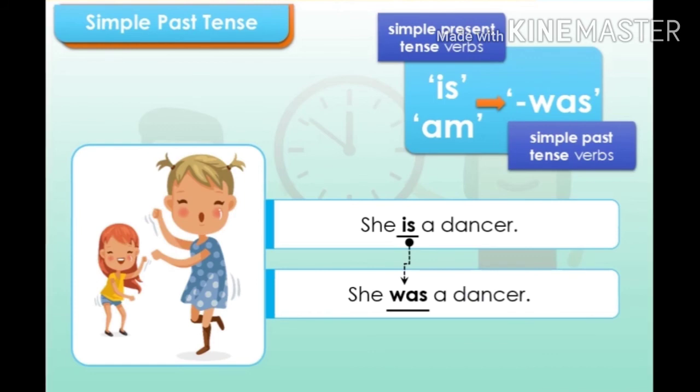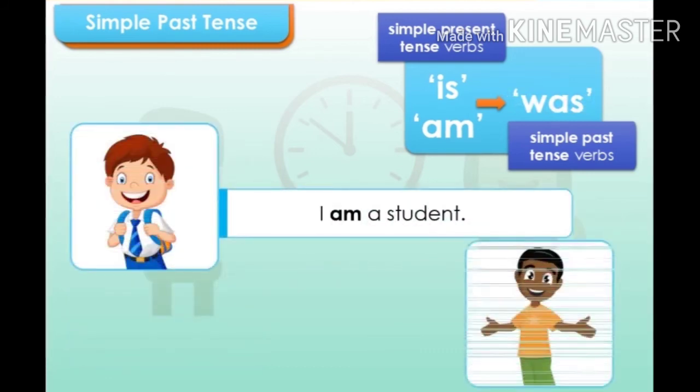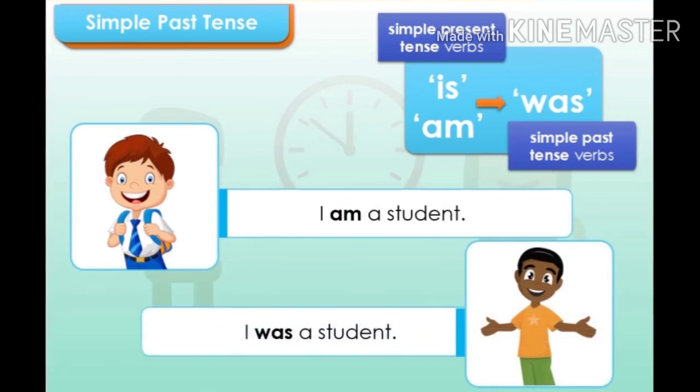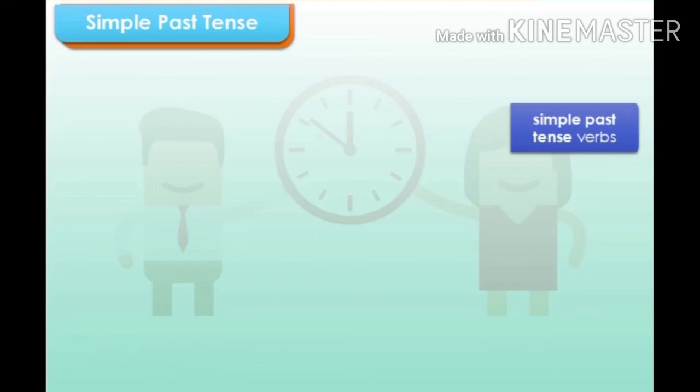She was a dancer means that though she is a dancer, she has stopped dancing now. I am a student. I was a student. I am a student means he is a student now. But when am changes to was, the sentence I was a student indicates that he is no longer a student now.